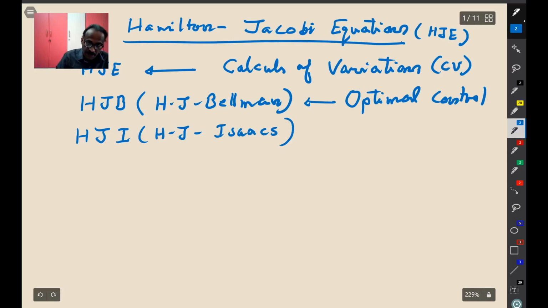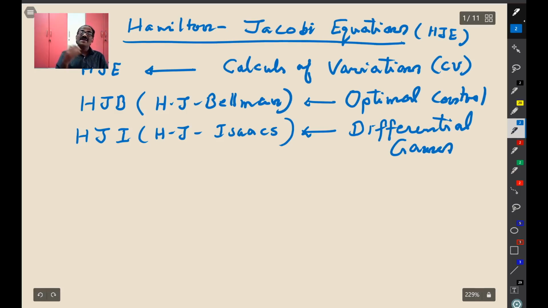Isaacs equation comes from what are called differential games. As I said, there will be a multiplayer game, so it's not just one person who controls the trajectory. Basically, there will be two or more controls, and there is a lot of literature on Hamilton-Jacobi equations.